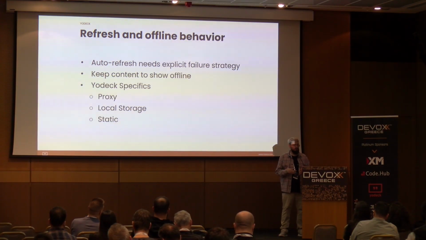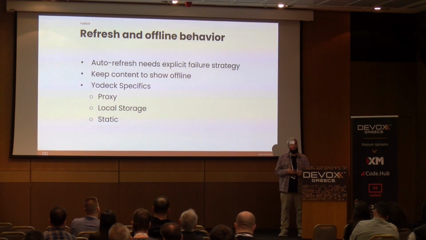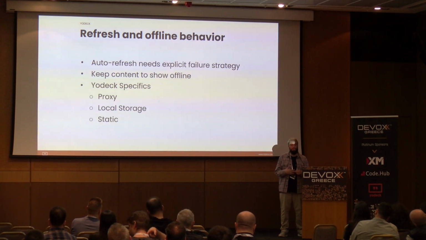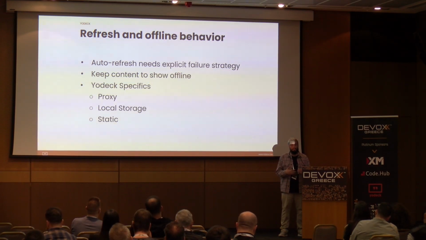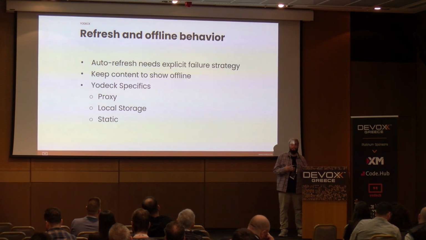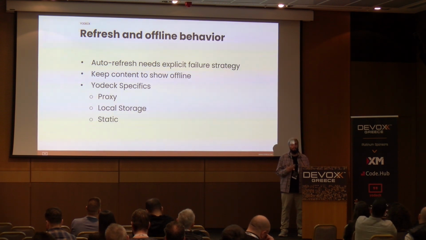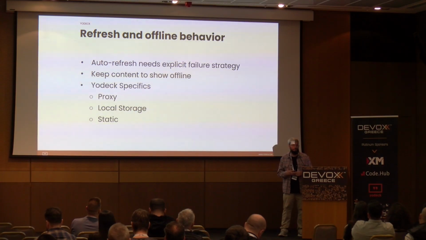So we do have the option, and that's the only option we usually give to an app, of an auto-refresh functionality. For example, let's say for a social media app, you will need to pull new data every half an hour. So we will try to collect the new data every half an hour.